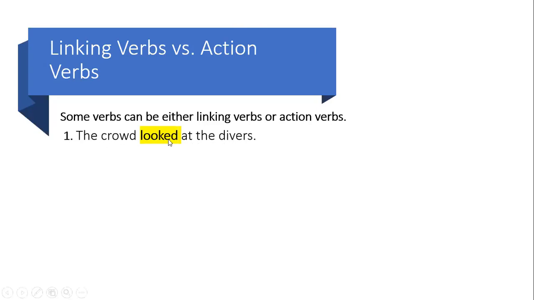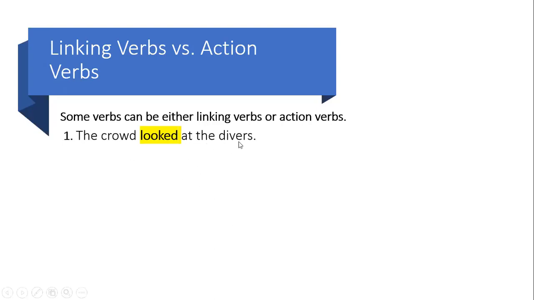Not only that, but what is this called? When you guys were in 5th grade, you had to learn it with a song. And I'm always teaching you guys different things with songs. So maybe you don't recall what it is by me using the reference songs. But those of you that said preposition, yes, at is a preposition. So at the divers is a prepositional phrase. You are not going to find a predicate noun or predicate adjective after a preposition.